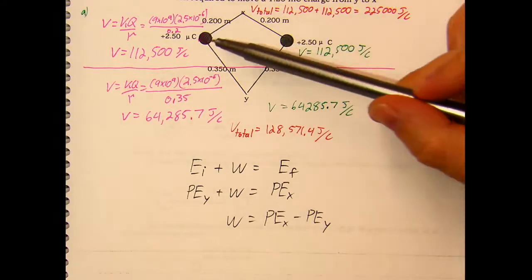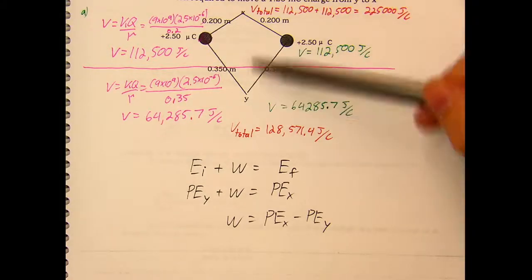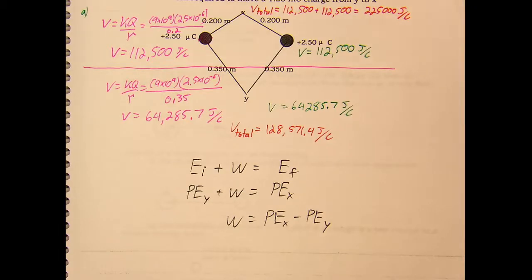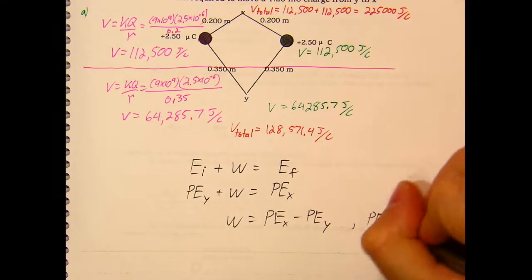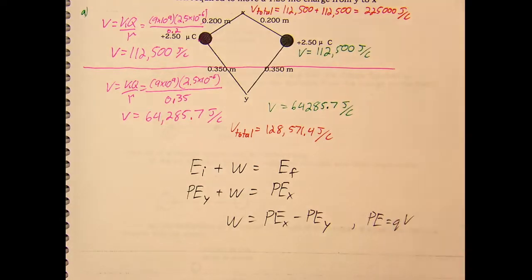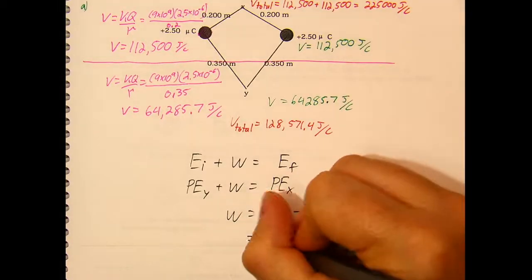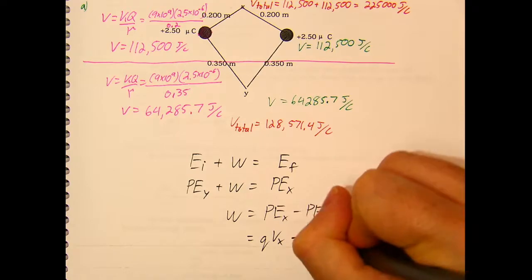We could use the potential energy from this guy and our 1.25 millicoulomb charge and do the same thing here. Or we could use this new calculation that we've got here where PE equals Q times V. So my work now is going to equal the potential energy at X, which is Q times the voltage at X, minus Q times the voltage at Y.